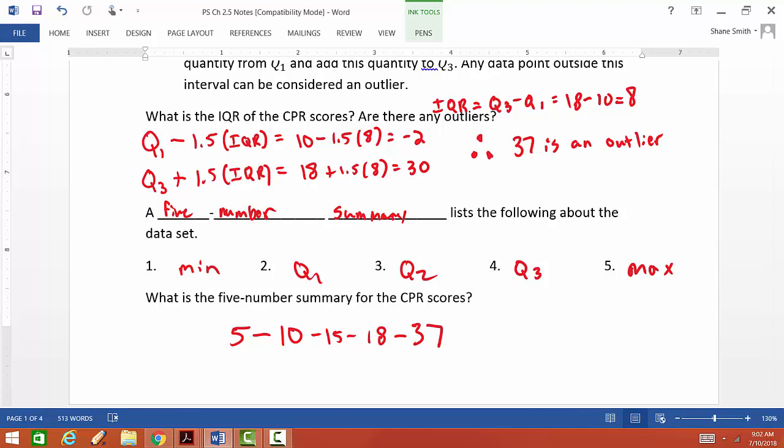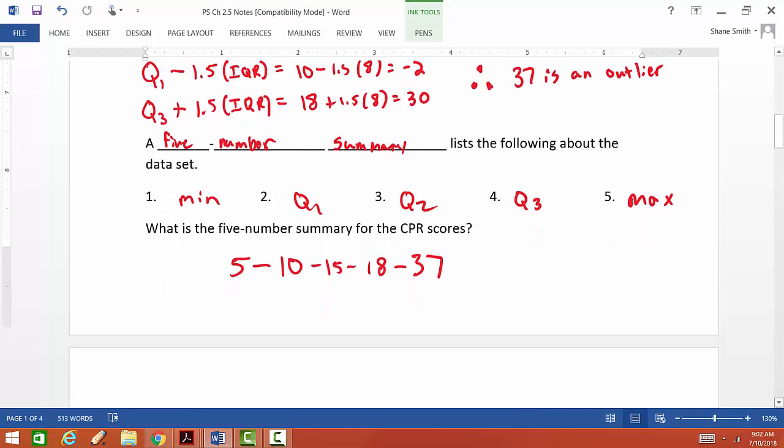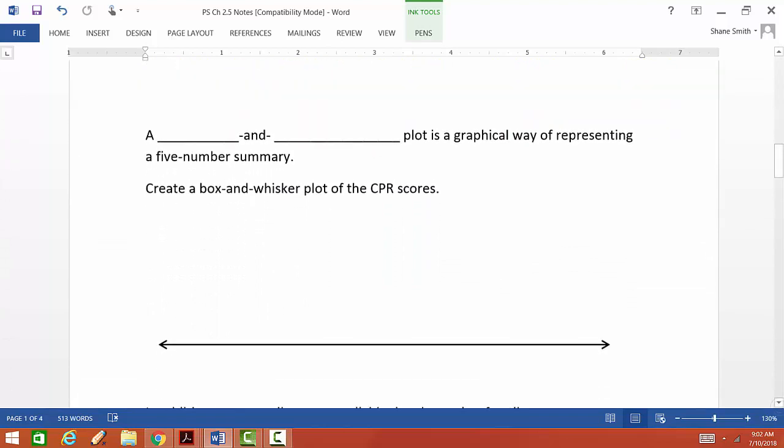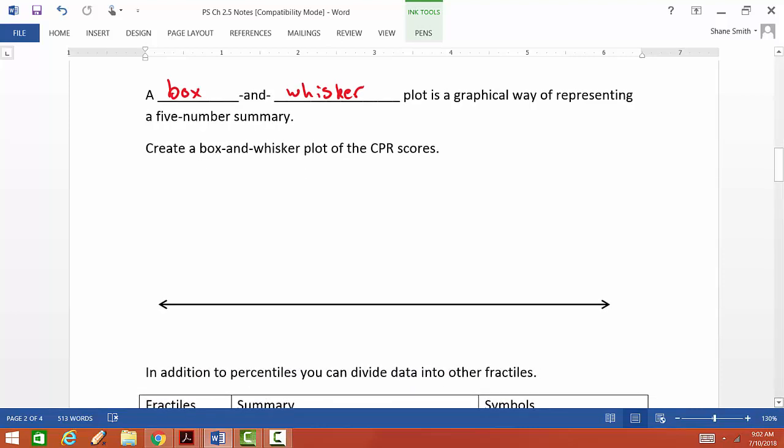You can represent a 5-number summary graphically by using a plot called a box and whisker plot. So yet again, another graph that we can use. A box and whisker plot has a title.